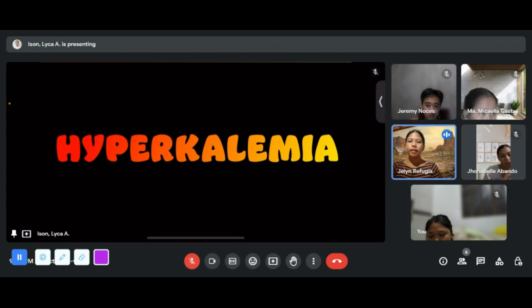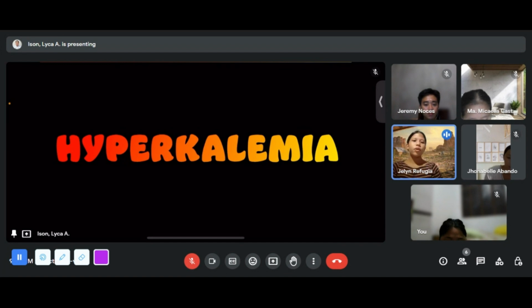So alam naman natin na ang potassium is essential mineral that is required for the proper functioning of many organs and systems in the body, gaya ng heart, kidneys, and muscles. So it has also a potential role in metabolism. So nagre-regulate din ito ng acid and water in the blood and body tissues.